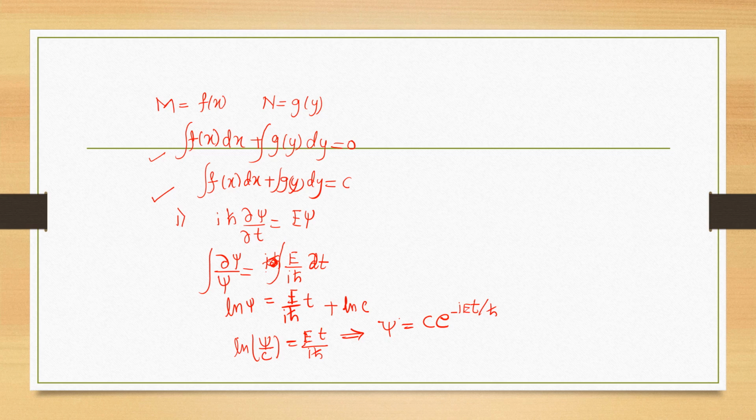We know that i square is equal to minus 1, so I have multiplied by i on the numerator and denominator, and this equation has been rewritten as minus i E t by h cross. And if we substitute the limits, then I can write this solution as psi equal to psi naught e to the power minus i E t by h cross.